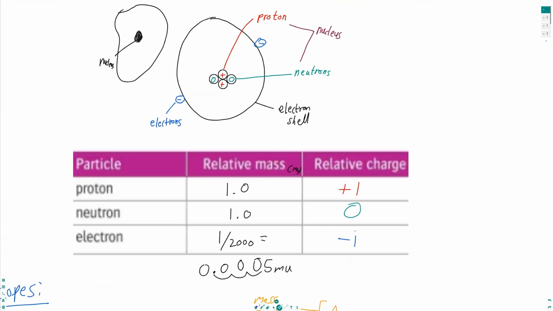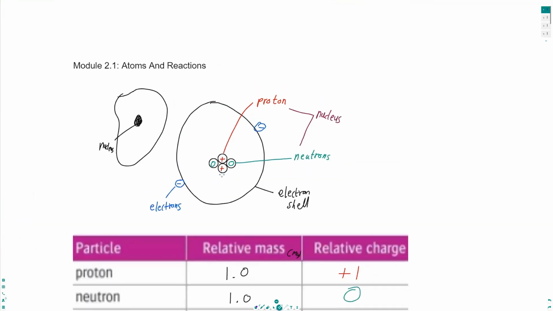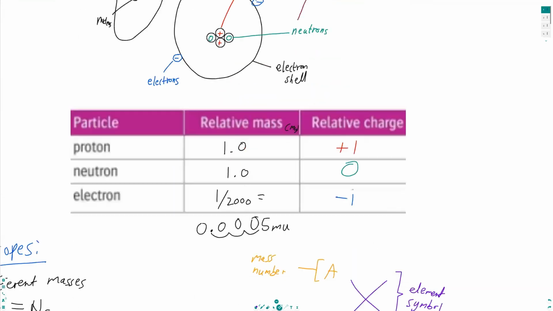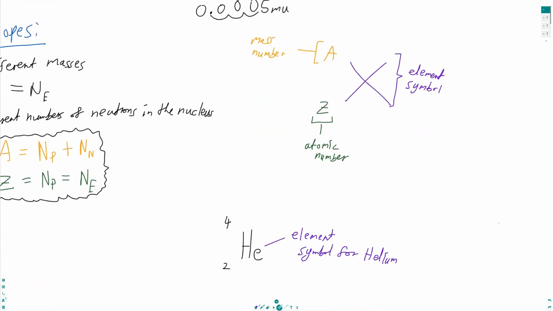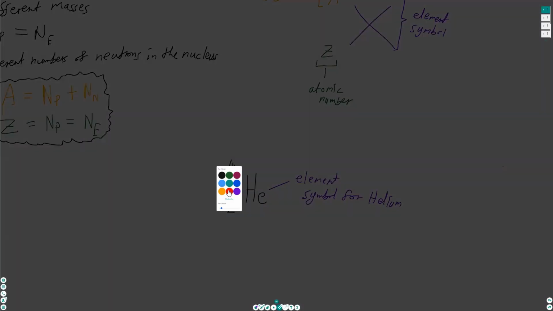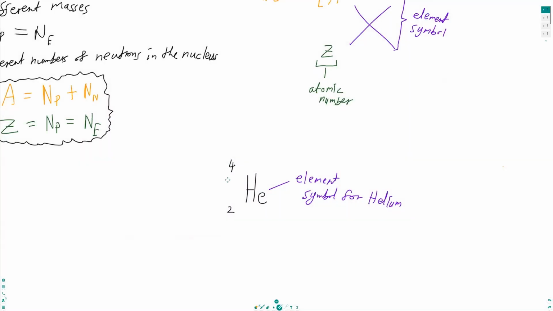If we go back up here, you can see that we have 2 protons and 2 neutrons, which must mean that 2 plus 2 is 4. So from the mass number we can clearly see we have 2 protons and 2 neutrons in the atom of helium.